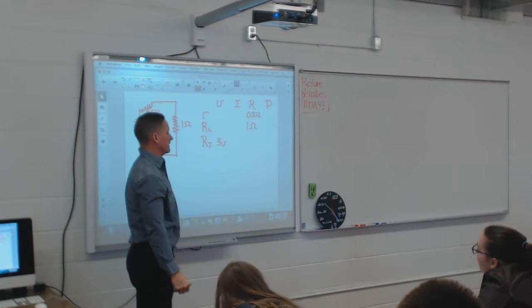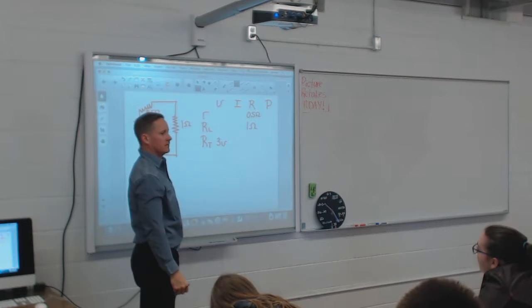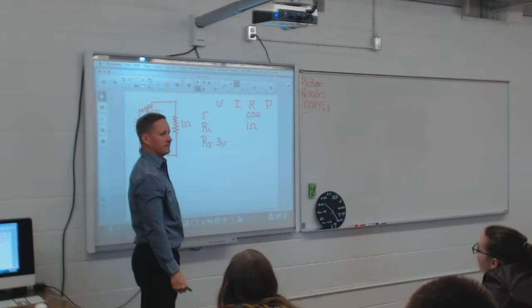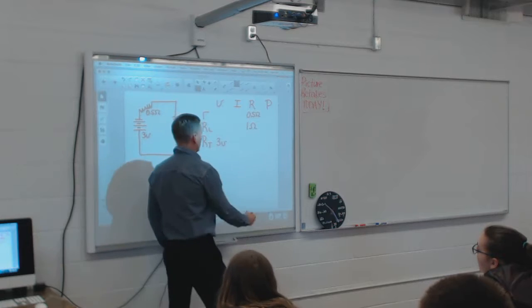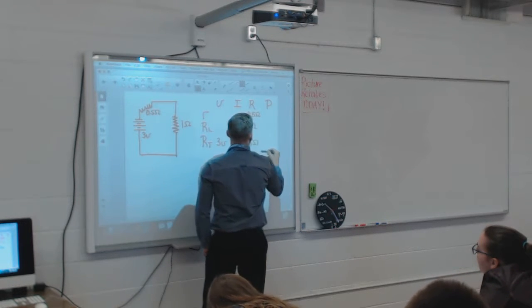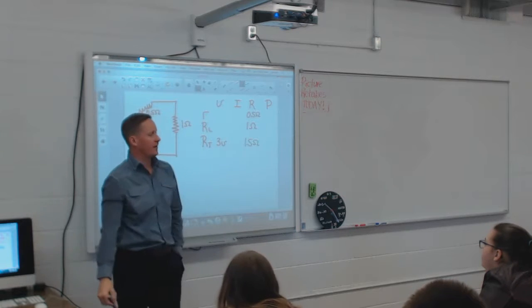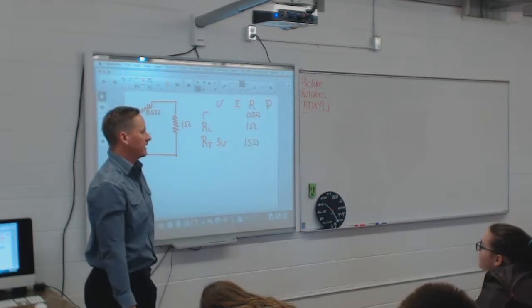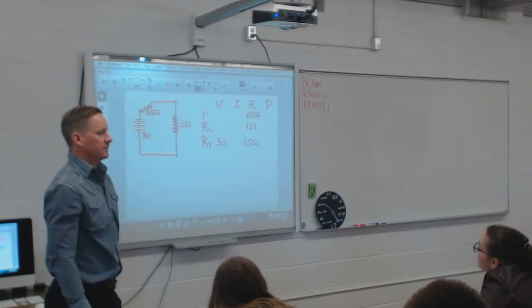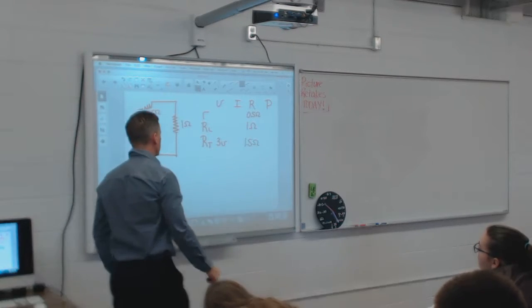Okay, what's my total resistance? Total resistance is 1.5 ohms. They're in series, right? So I just add them together. What's my current? 2 amps.